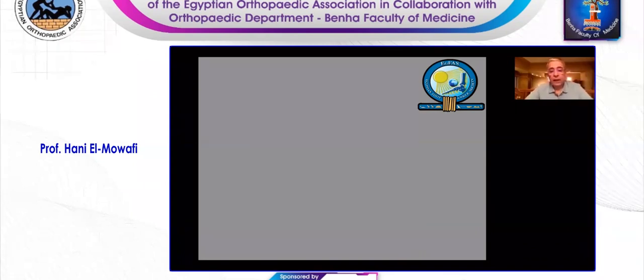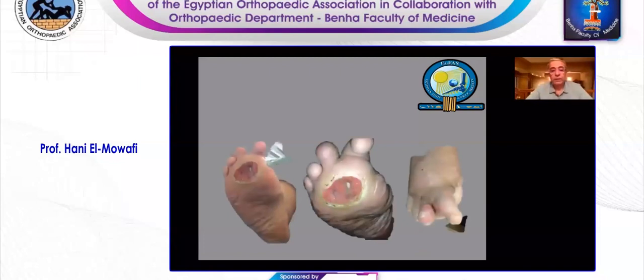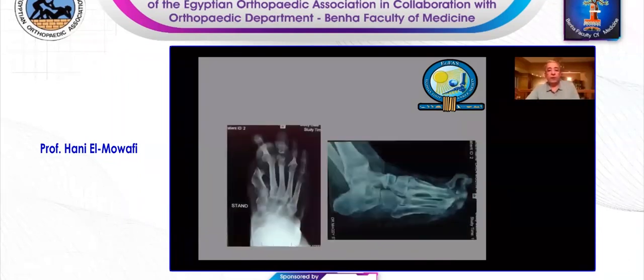An example of these cases is a lady about 57 years old, who has diabetes and underwent amputation of the big toe and a little of the medial ray. She presented like this, with this X-ray.